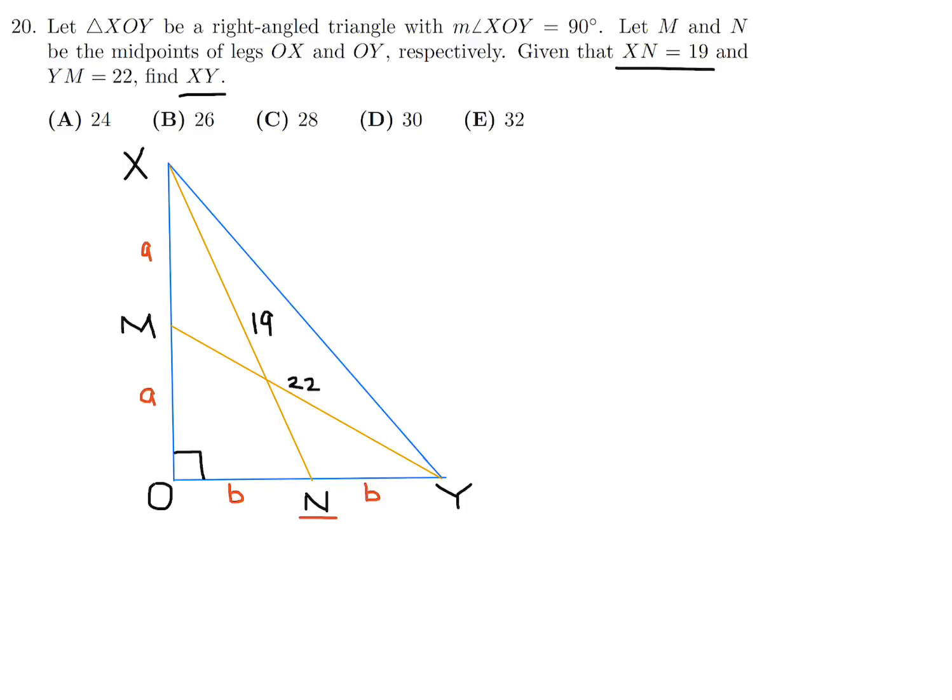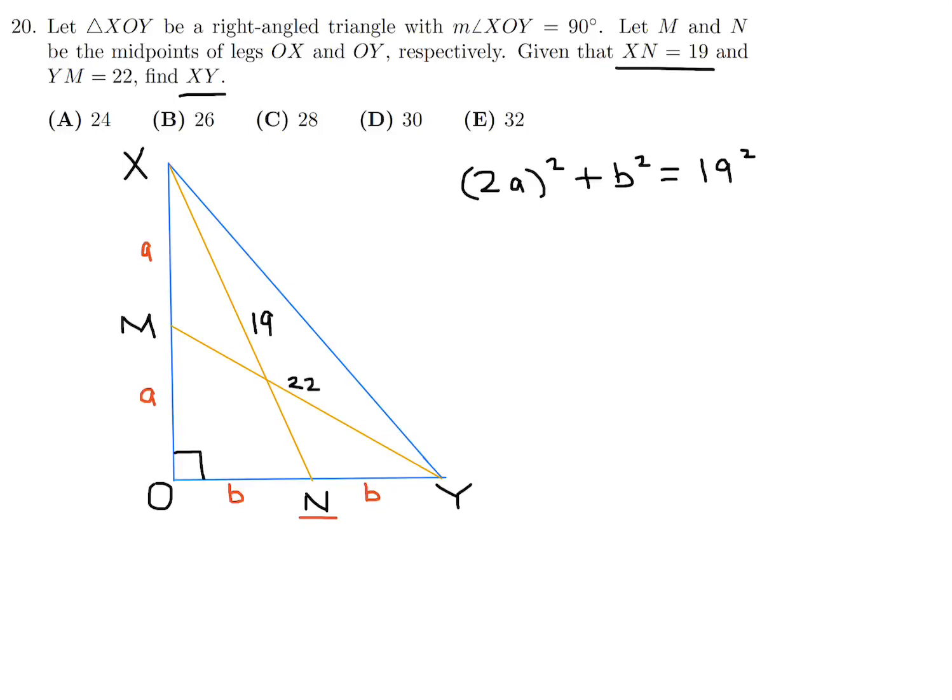All right? And then we immediately, or at least I hope you can see Pythagorean relationships. There's one here with this triangle. And then there's another Pythagorean relationship with that triangle right there. So let's write those two relationships out. So the first one, we get 2a squared plus b squared is equal to 19 squared.